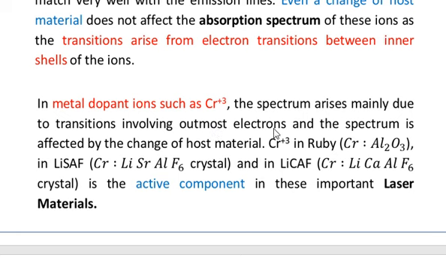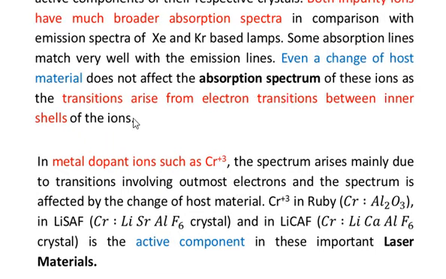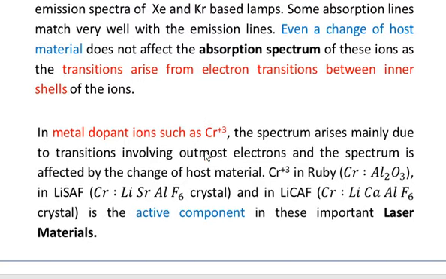You see that here we have the same chromium ion, but the spectrum arises mainly due to the transitions involving outermost electrons, whereas in the previous case only the inner shells were involved. And the spectrum is affected by the change of host materials. Since the outermost electrons are involved in the transitions and in the generation of the spectrum, the host material will also affect it.